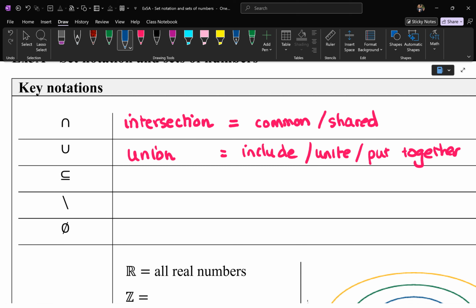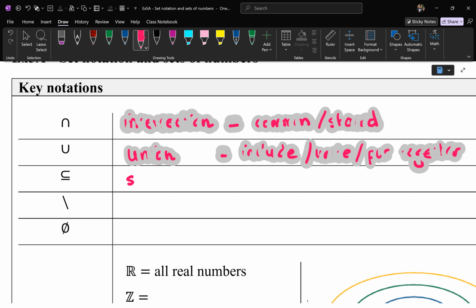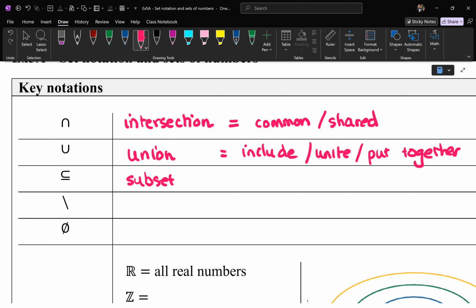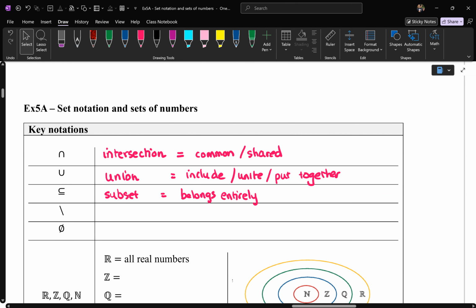All right. Next one. This symbol is called a subset. Subset means it belongs entirely to another group. Belongs entirely. So what's an example? I'll draw a picture, it makes it easy to see.